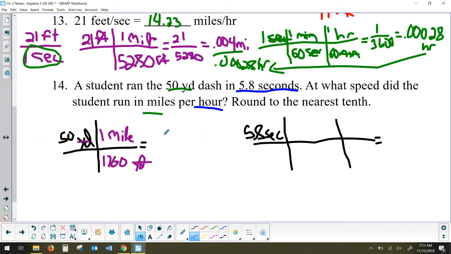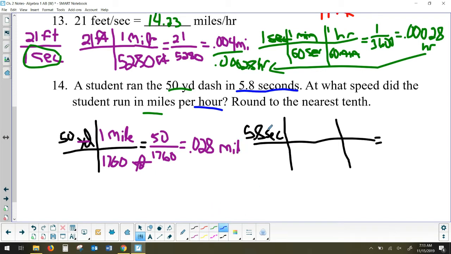Yards cancel. 50 all over 1,760. Fifty divided by 1,760 is 0.028. That's how many miles we have.